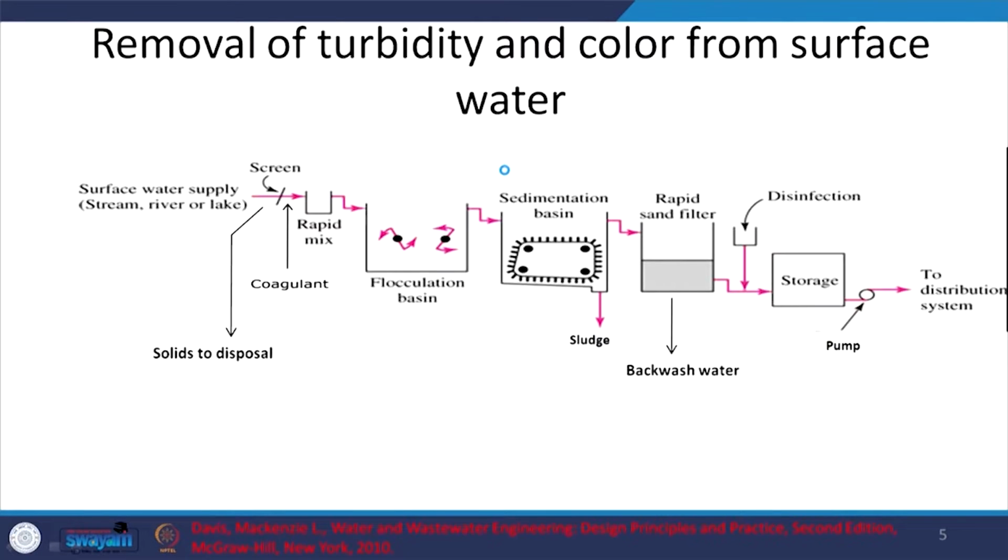So here we are concerned about removal of turbidity and color from surface water. Why is this important? As I mentioned, depending on the kind of water intake, the water treatment process will change. For example, if it's groundwater, the subsurface aquifer will act as a filter, right?